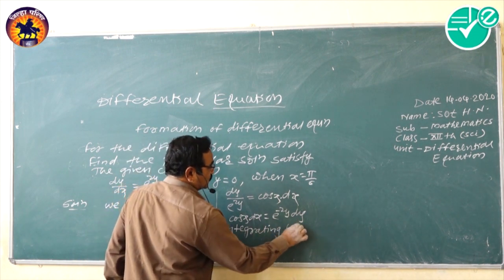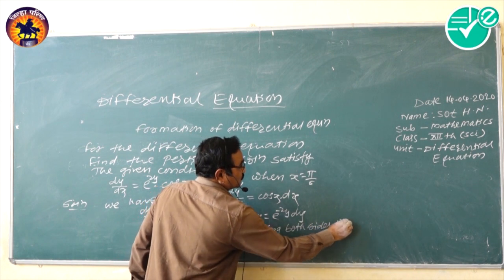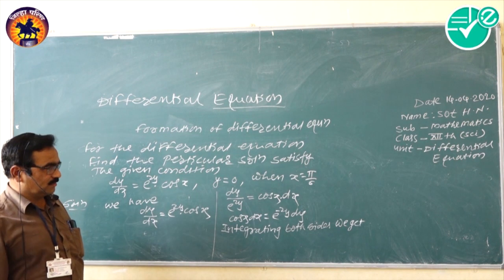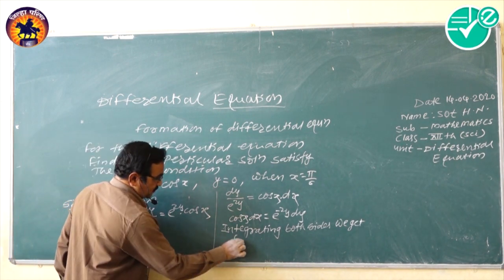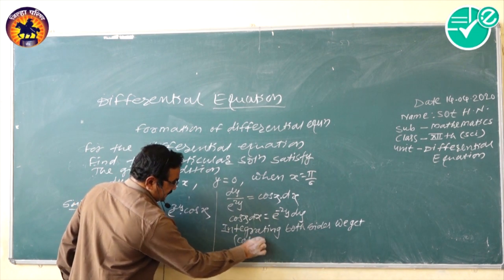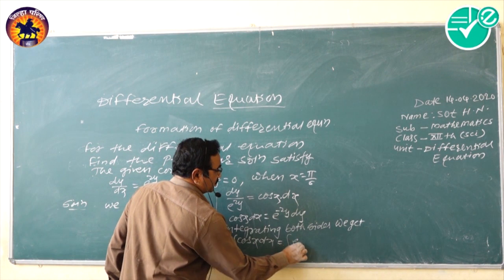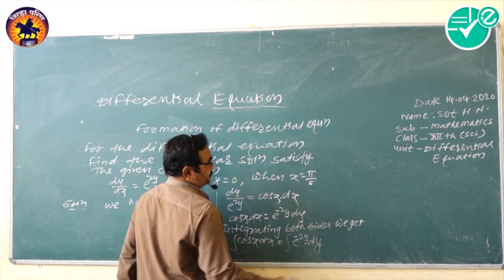Integrating both sides, we get integration of cos x dx equal to integration of e raised to minus 2y into dy.